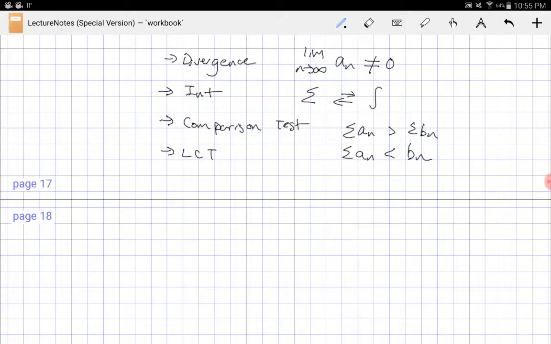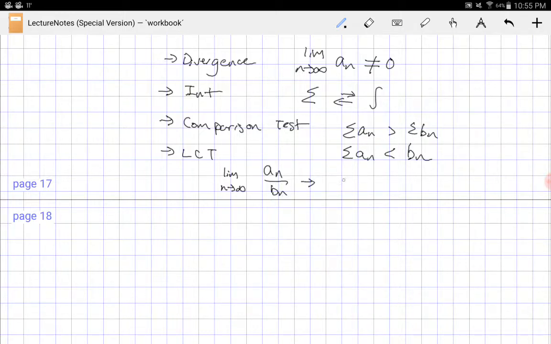And then with the limit comparison test, we're comparing the terms: the limit as n goes to infinity of a_n over b_n, where b_n is a sequence or series of your choosing.